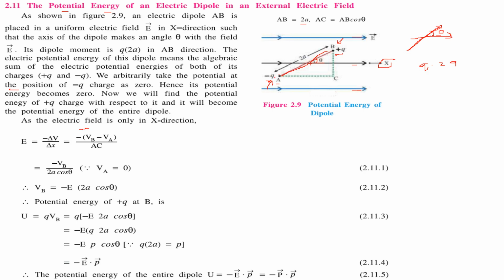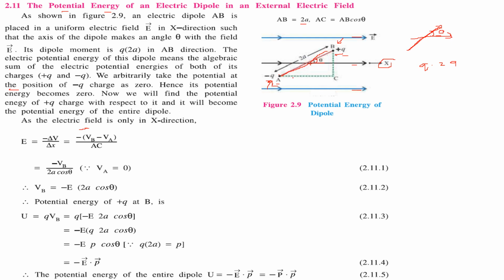We are taking the potential here at the position of minus Q as 0. So the potential energy also becomes 0. Now we will try to find out the potential energy of this plus Q with respect to this minus Q, and this will become the potential energy of the whole dipole.